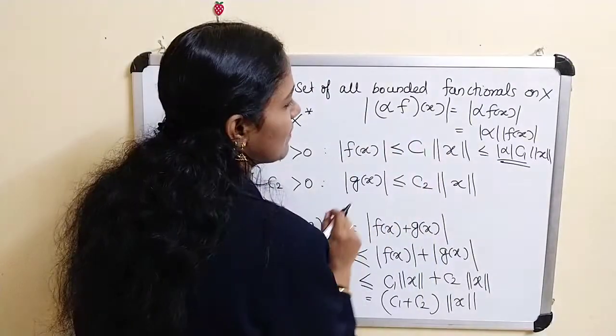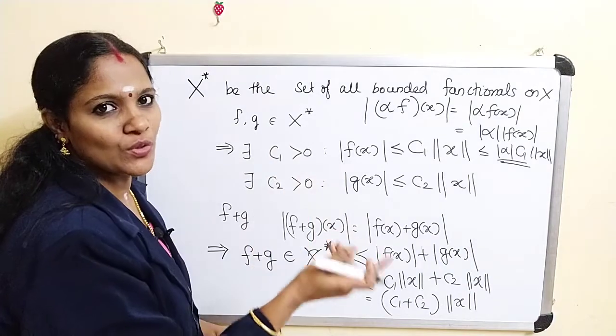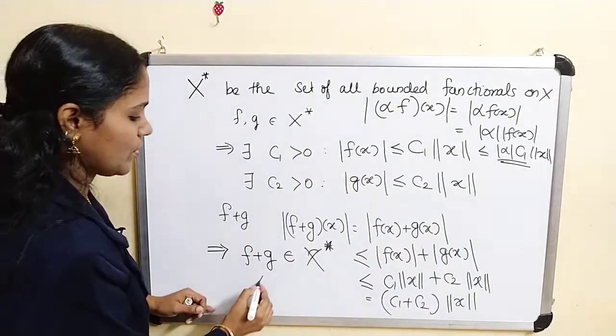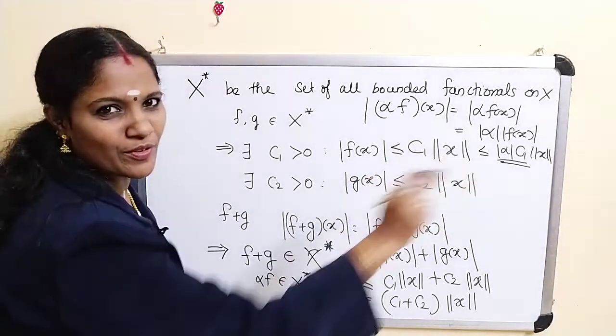Therefore modulus of alpha f of x is less than or equal to some constant c into norm of x. This implies alpha f belongs to X star. You complete the proof.